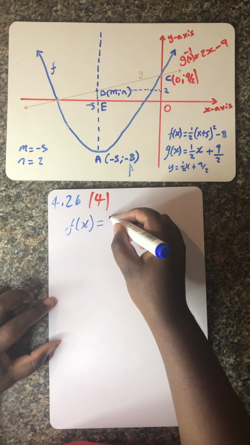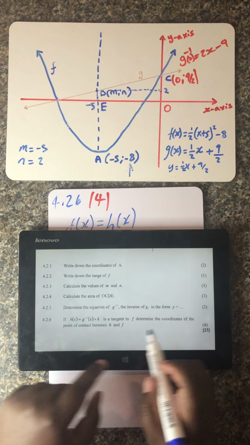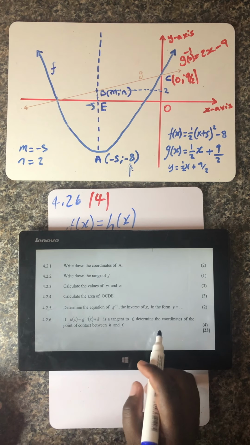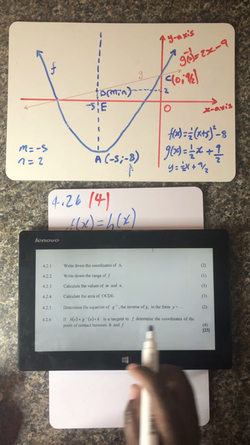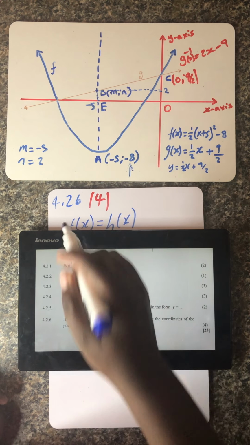Why am I equating those two? I've just explained that this is the point of contact between these two graphs. So at that point where they want us to determine the coordinates, that's where these two graphs are equal. That's why I equate these two graphs.